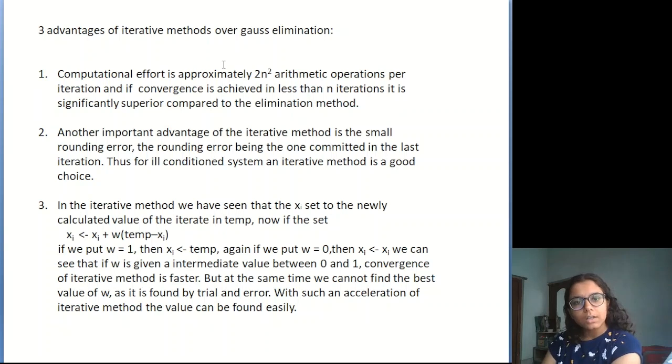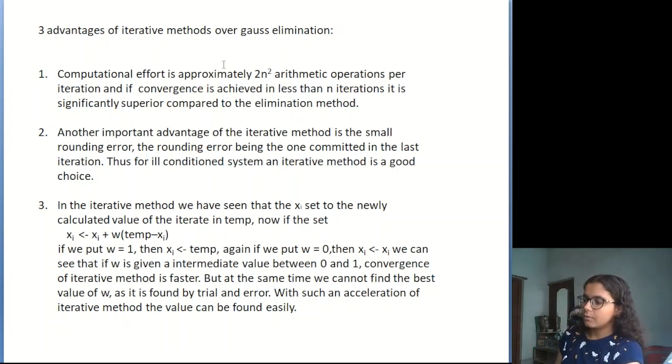The second important advantage is the small rounding error. Iterative methods have small rounding error. As we process it many times, the error also becomes smaller every time.